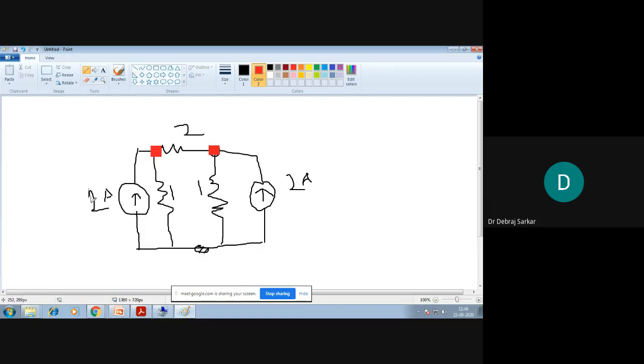This is 1 ampere. Remember I told you this is 1 ampere.